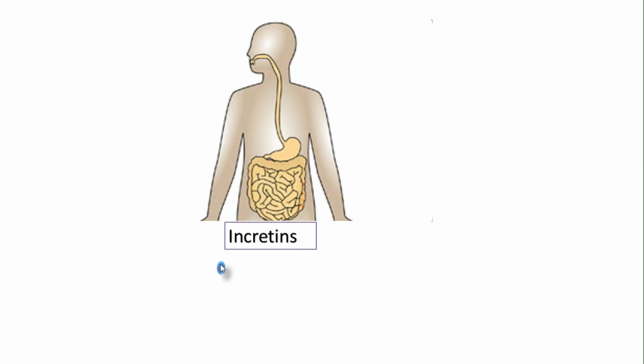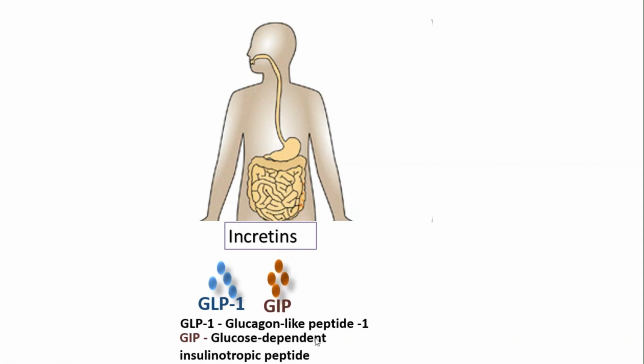The first one is GLP-1, which stands for glucagon-like peptide 1. And the second incretin produced by the intestine is GIP, that is glucose-dependent insulinotropic peptide.